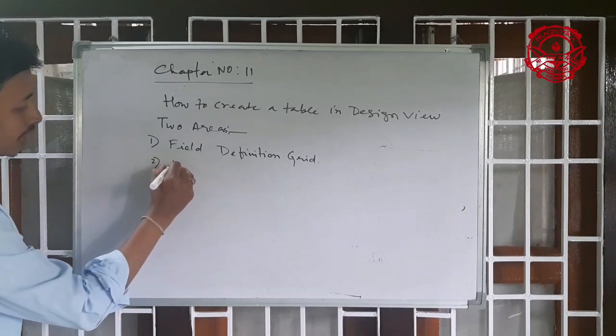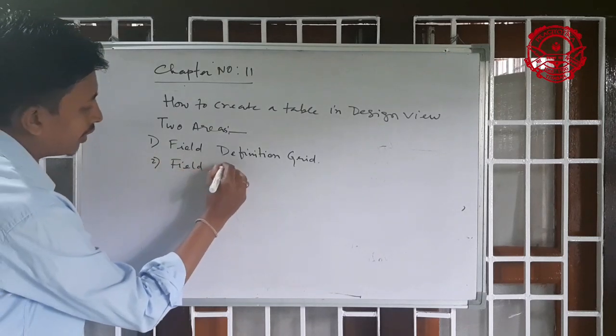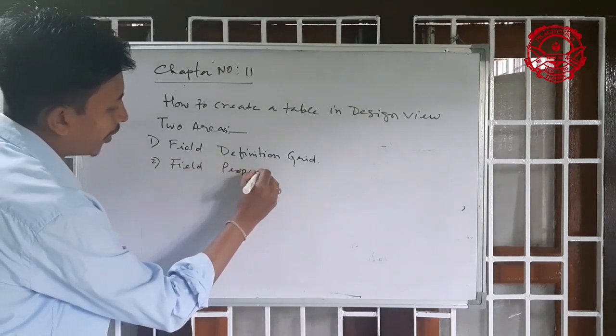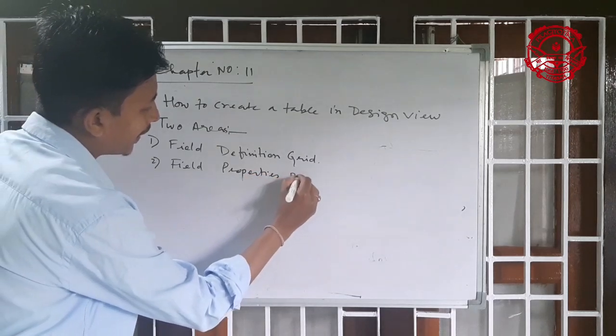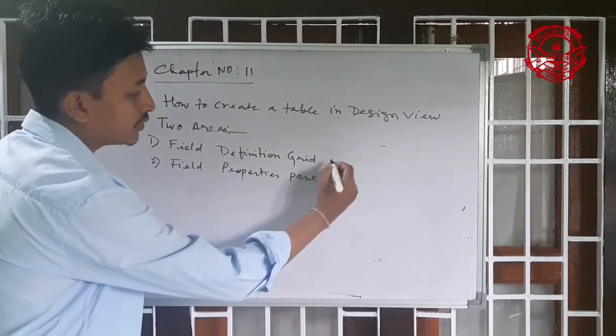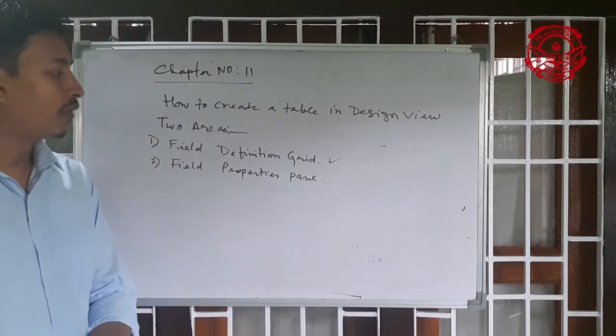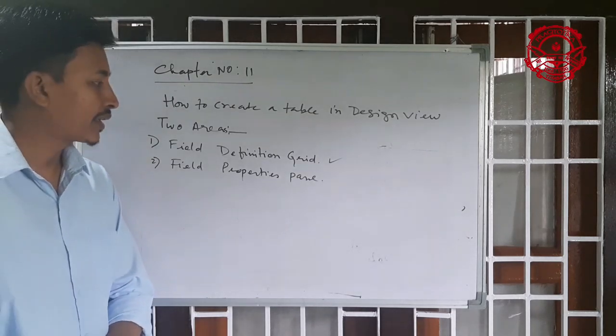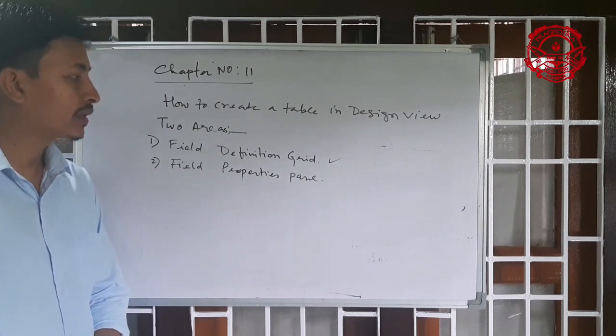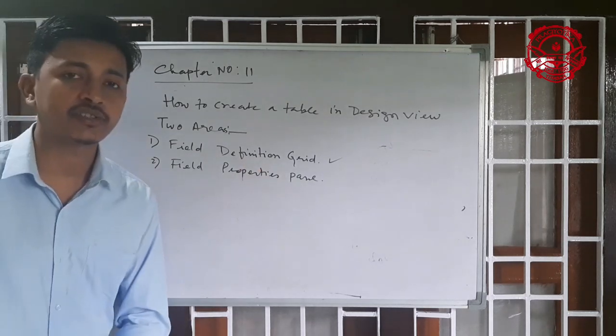Number 2 is field properties pane. So first we discuss these things. What is the field definition grid? What are the options, the items included in this field definition grid?